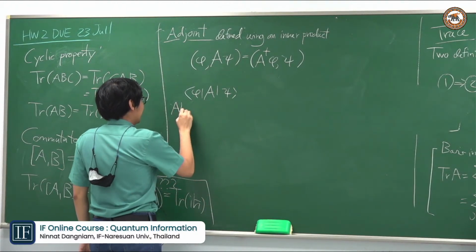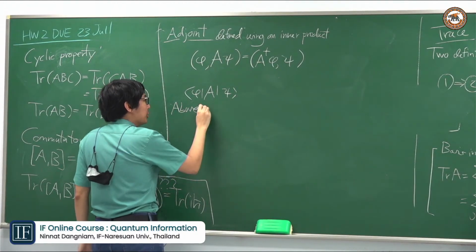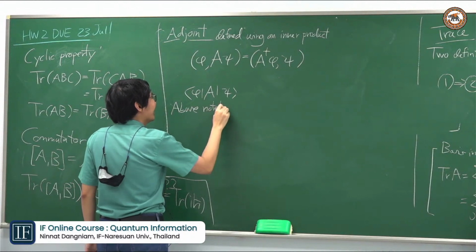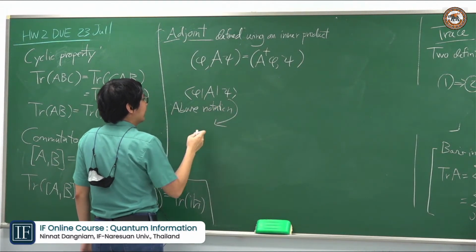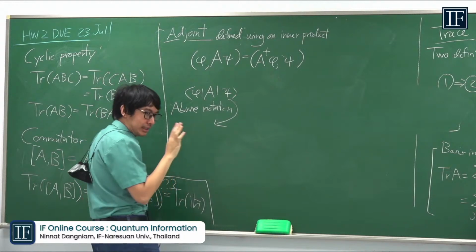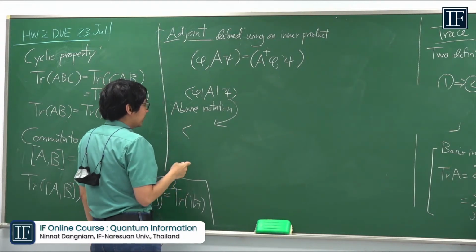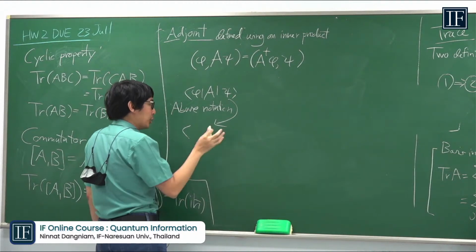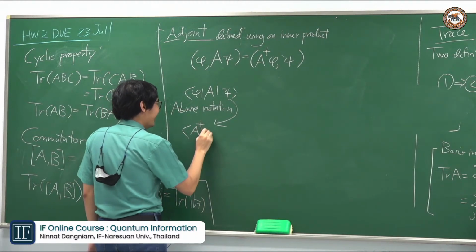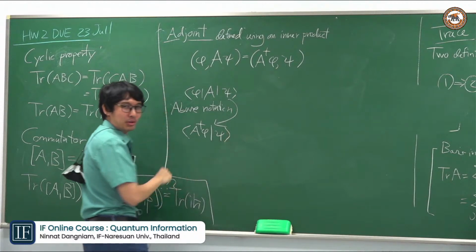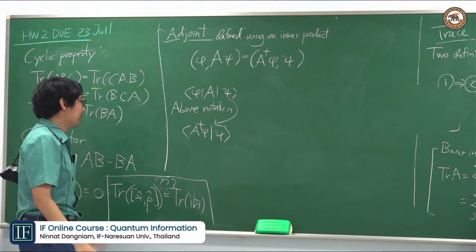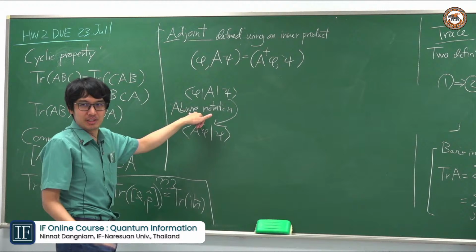So sometimes I like to abuse notation, and I would put the operator inside the ket, even though you understand it's an abuse of notation, right?